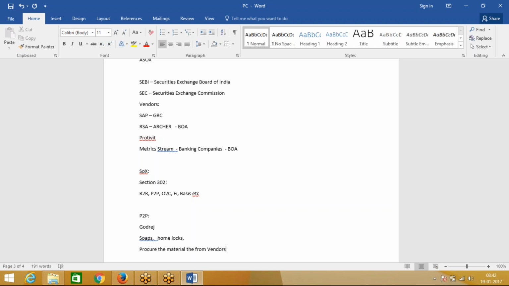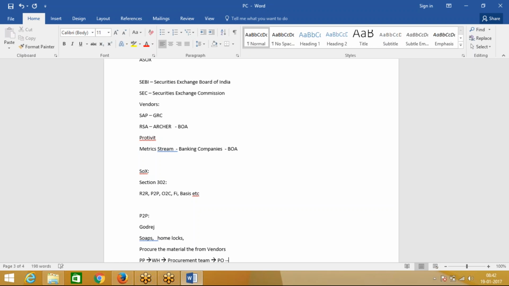Before procuring this, what is the process that happens internally? Obviously, the production planning team will go and check with the warehouse whether the goods are available or not. If the goods are not available, they will inform the procurement team, and the procurement team will create a PO.